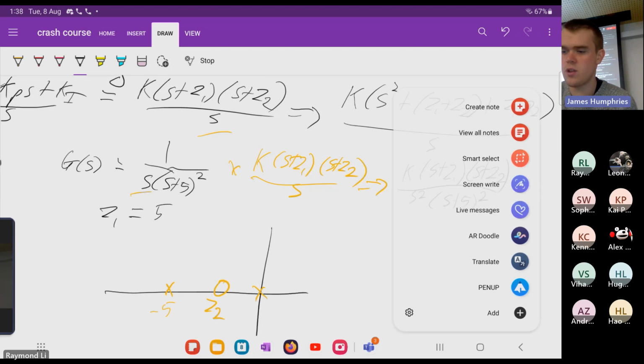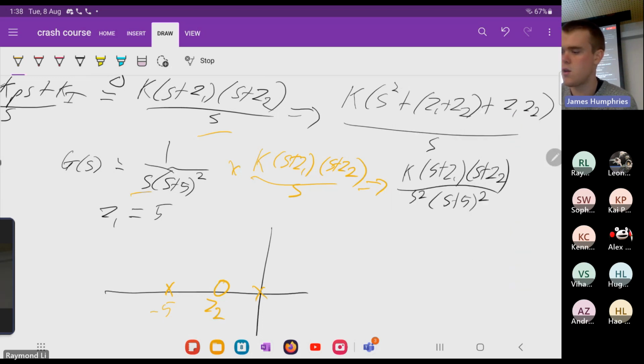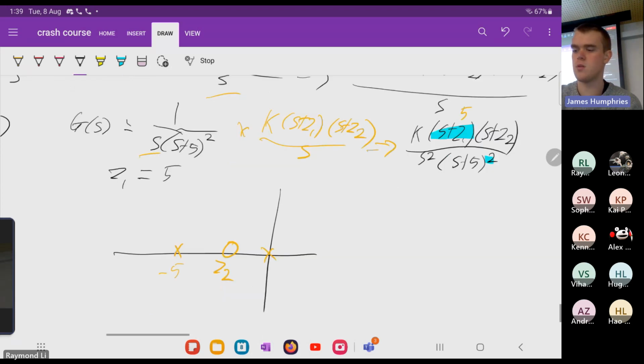But we set Z1 to be 5. Therefore, that is the same as that. Make sense? So therefore we only have 1 zero, and 3 poles. Apologies, 3 poles.